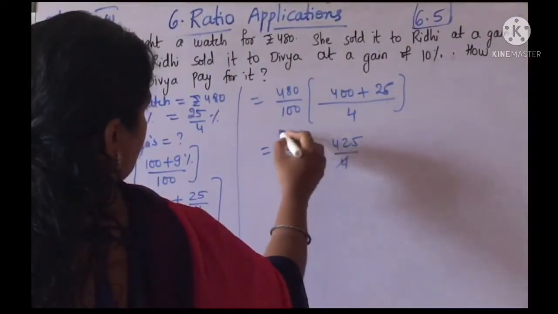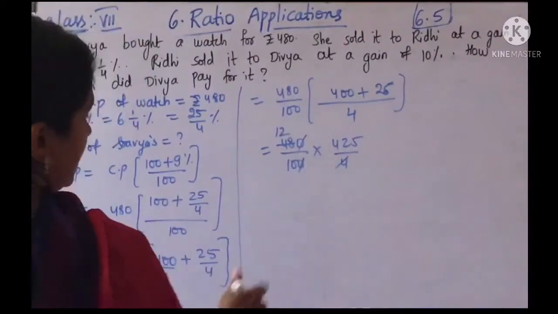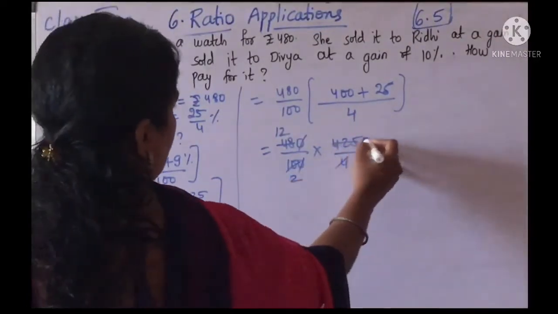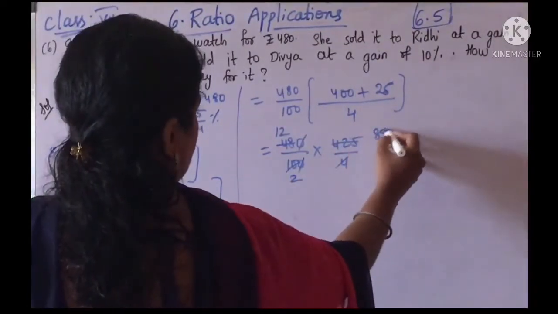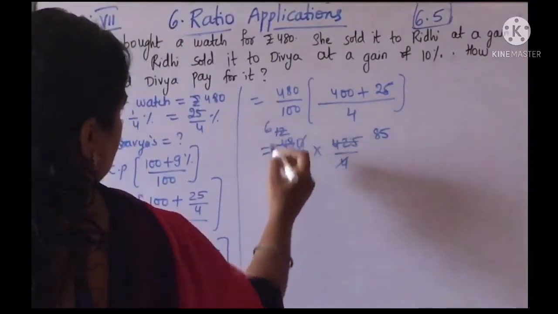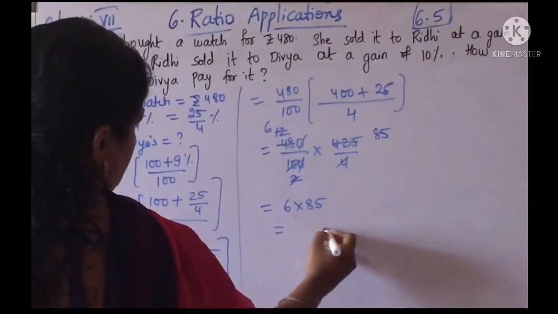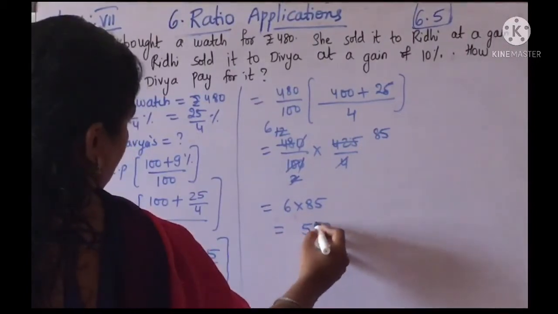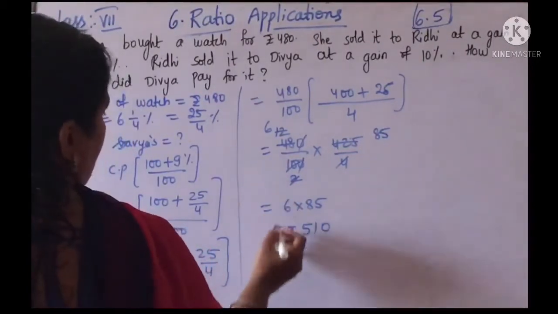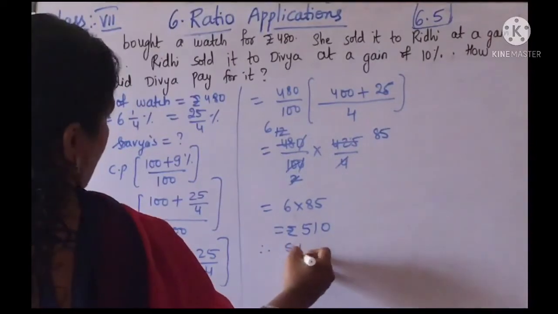Now the zeros get cancelled. 4 ones are 4, 4 twelves are 48, right? And 5 twos are 10, 5 eights are 40. So you will get 6 into 85. 6 fives are 30, 6 eights are 48, so 510. So here you will get the selling price.